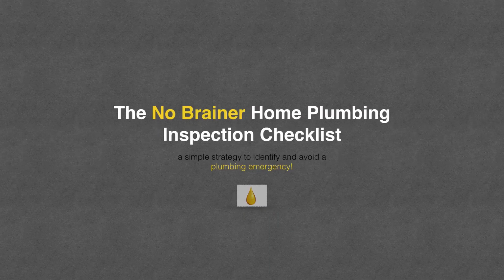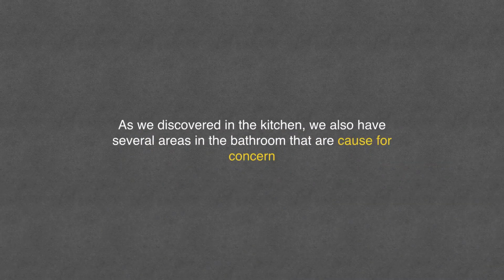Welcome to the No-Brainer Home Plumbing Inspection Checklist, a simple strategy to identify and avoid a plumbing emergency. The bathroom. As we discovered in the kitchen, we also have several areas in the bathroom that are cause for concern.